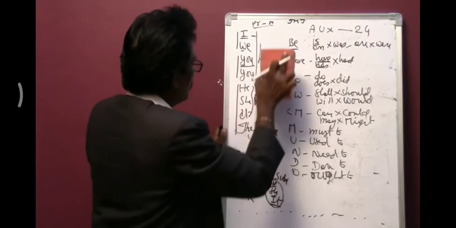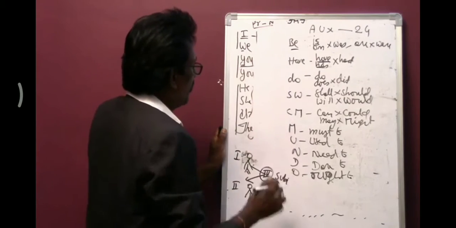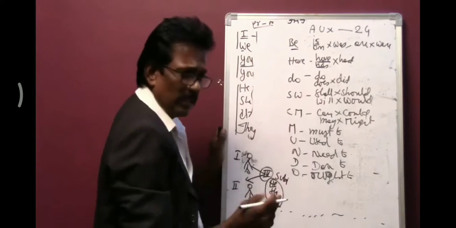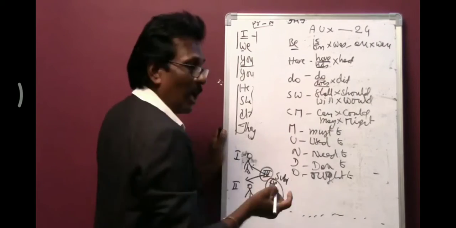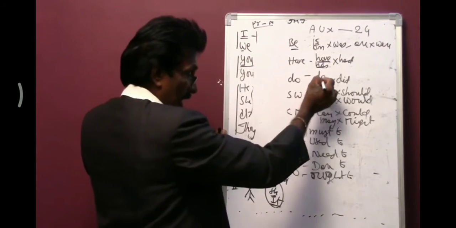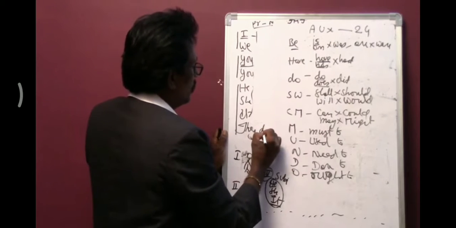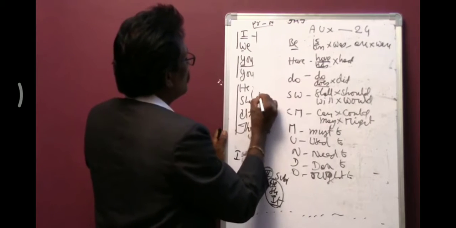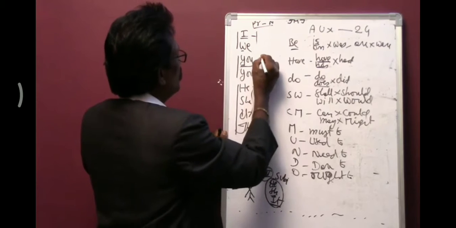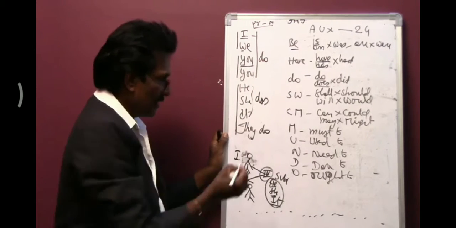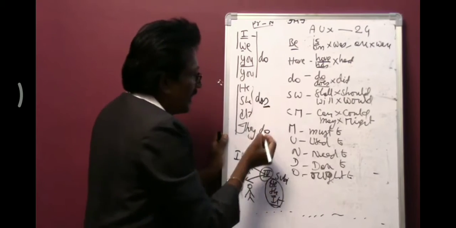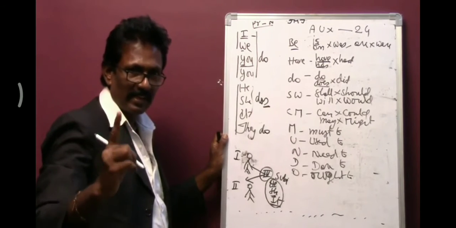Now again, do forms. Do means action verb. Does is for the singulars and do is for the plurals. They do. He does, she does, it does. You do, I do. The es always indicates the gender.